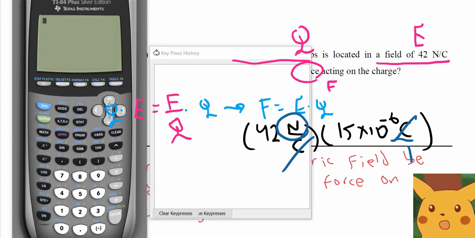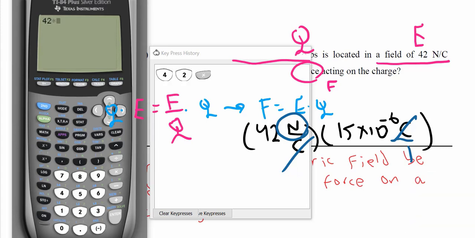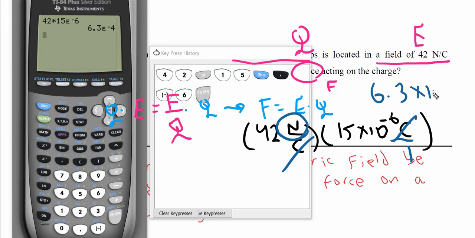Putting this in the calculator, 15e to the negative 6. I get 6.3e to the negative 4. Now, e to the negative 4 means 6.3 times 10 to the negative 4 newtons. Okay. What does it look like in real life?